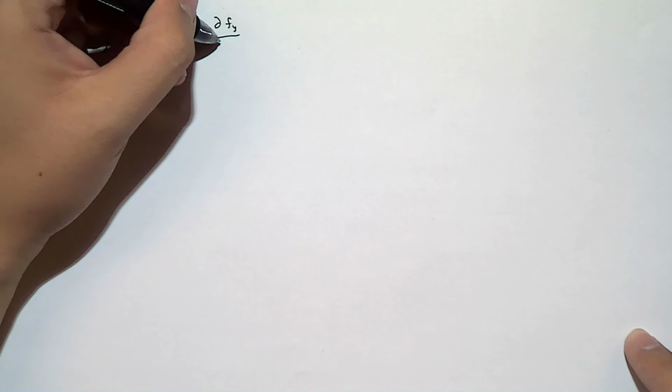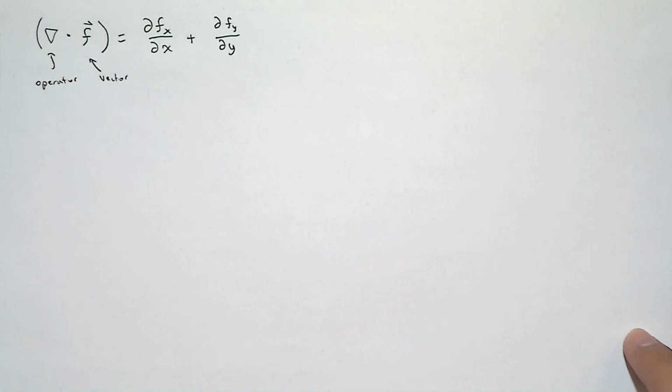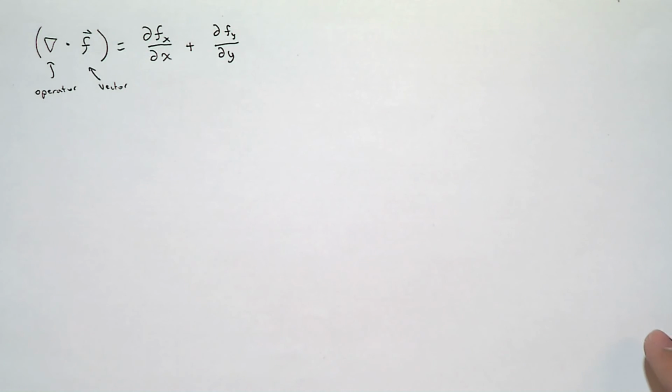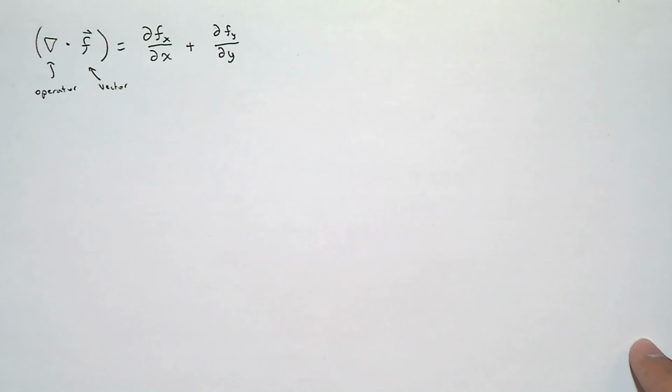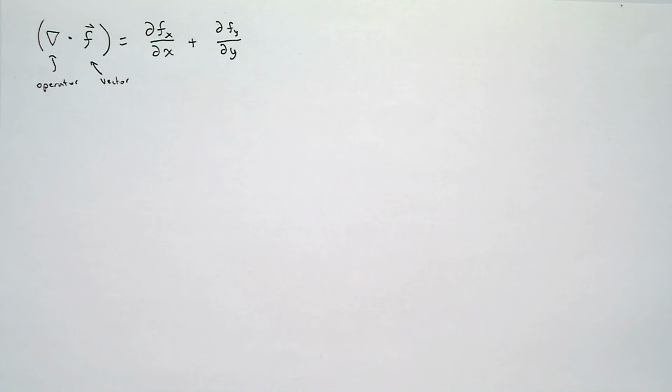Now remember, these are not variables, so we're technically not multiplying, we're applying an operation. So this is not dou y times fy, it's dou y applied to fy. So even though we treat it as if they were two vectors, remember, we're not multiplying, we're operating. Okay? Plus, and can anybody guess what the last term in this dot product will be?